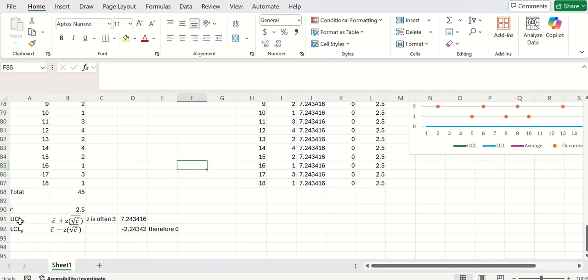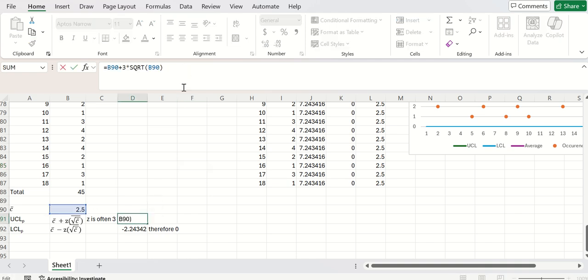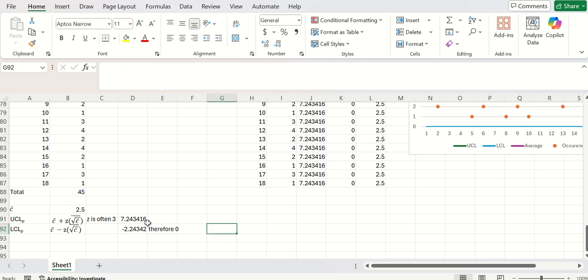We're looking for an upper control limit calculation where we take the average times z, and I mentioned to you before that's 3, and that's what we're going to use again here, times the square root of the number of occurrences. So let me put it up here for you. We start off with the average number of occurrences plus 3 times the square root of the number of occurrences. That is 7.24 for the upper.